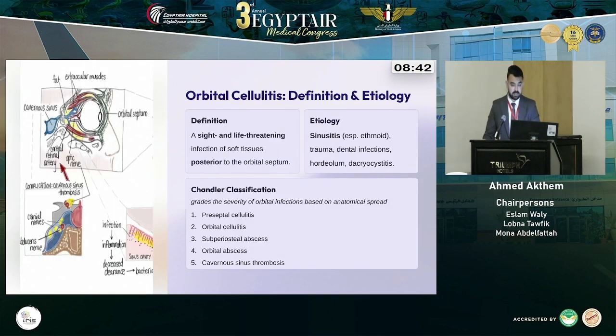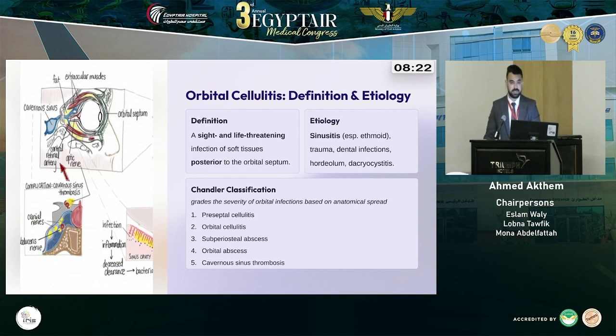So let's step back to basics and review some important aspects. Orbital cellulitis is a sight- and life-threatening infection of soft tissues posterior to the orbital septum.